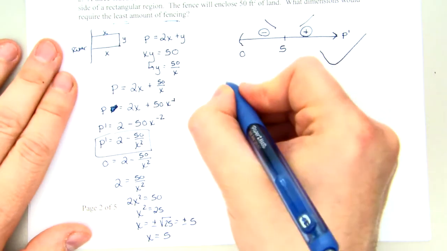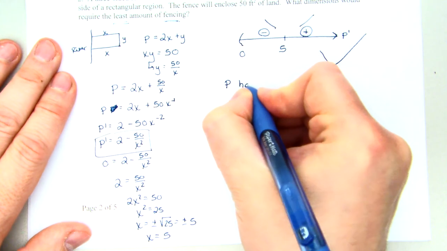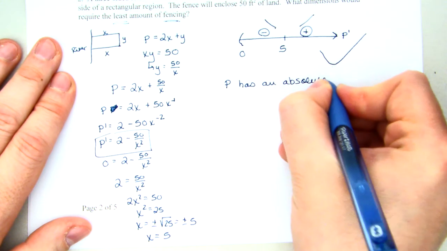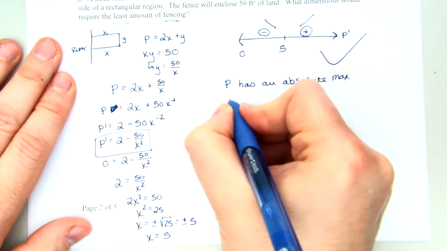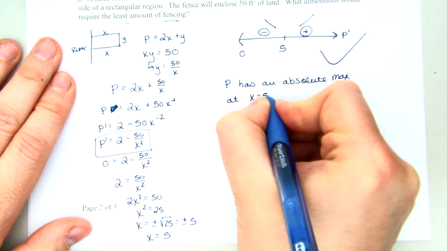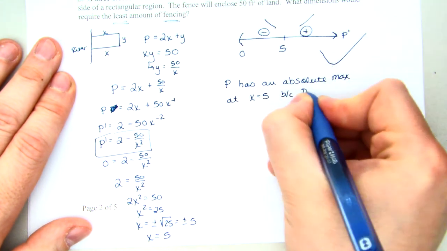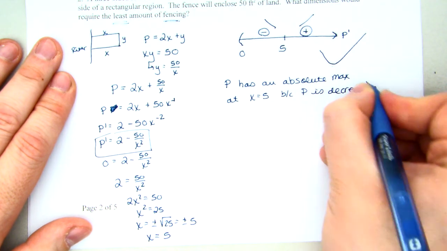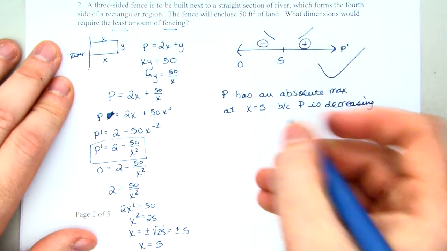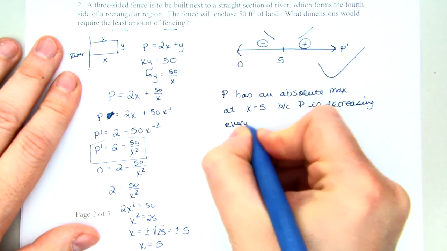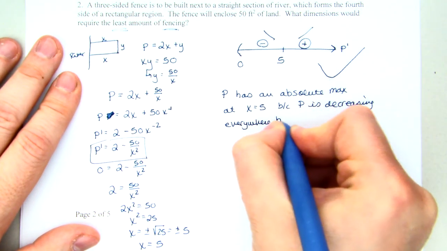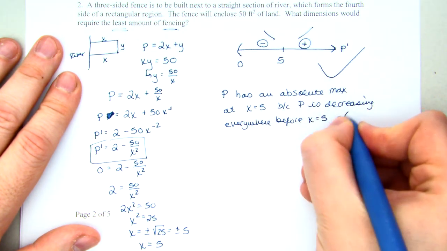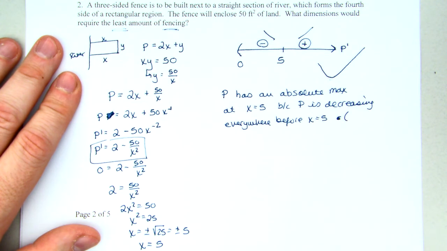Let me write this out. We can justify that P has an absolute minimum at x equals 5 because P is decreasing everywhere before x equals 5. But that's not quite good enough. We have to say why we know it's decreasing.